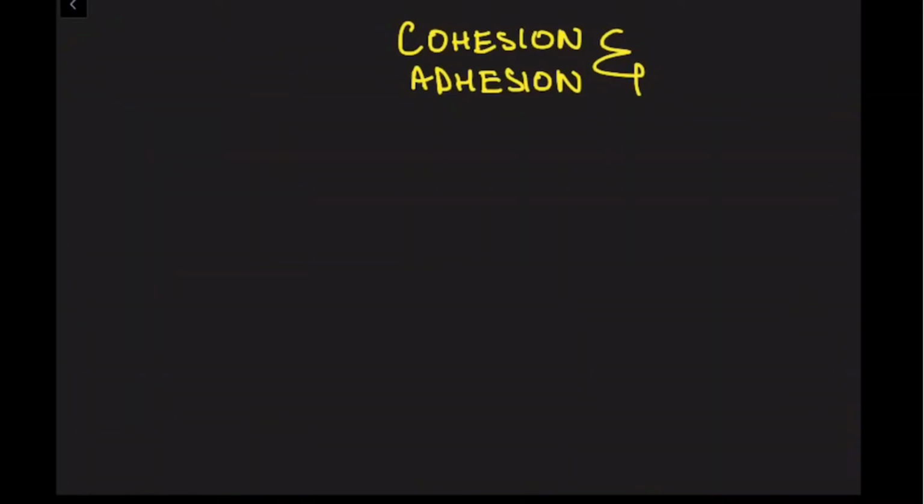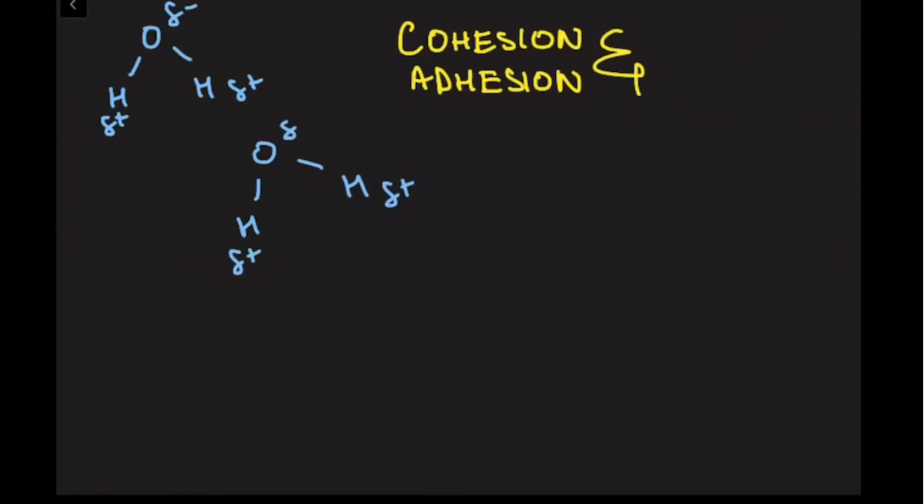Let's get started. The first property we're going to be looking at is cohesion and adhesion. Like we talked about before, water molecules have partial charges. The oxygen has a partial negative charge, and the hydrogens have partial positive charges. So when a water molecule comes in contact with another water molecule, let me draw one right here. Partial positive, partial negative.